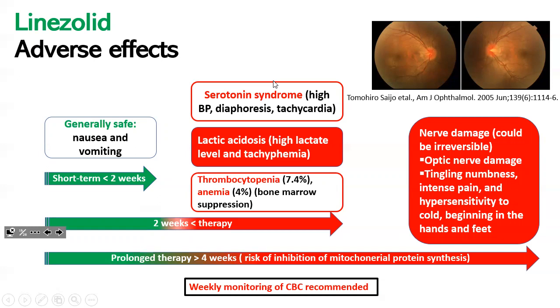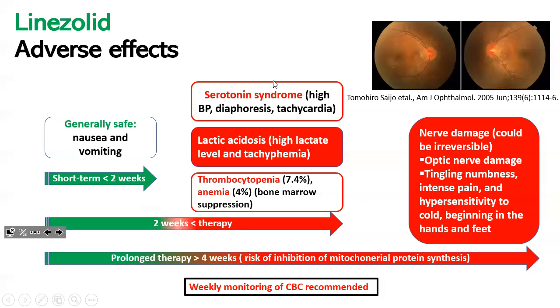Then also another important complication is the development of lactic acidosis, such as high lactate in the bloodstream, and that could be fatal. The patient might go to severe tachypnea, and this affects the whole body by affecting the Krebs cycle and the formation of a high amount of lactate.